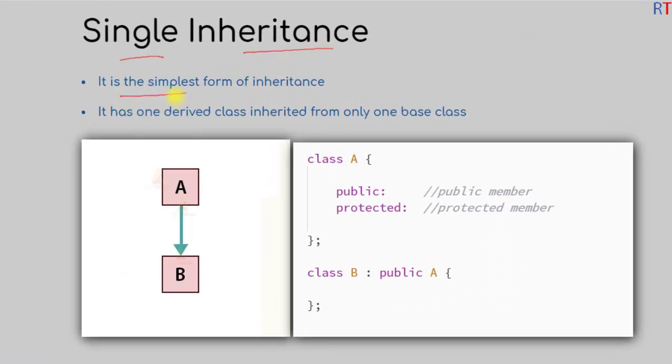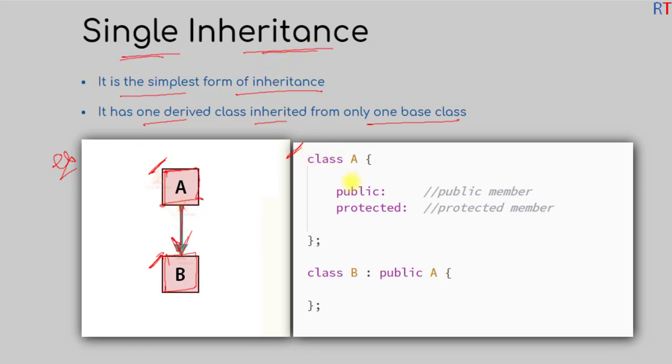It is the simplest form of inheritance and it involves one derived class inherited from only one base class. Like in the example here, the child class B is inheriting the property from the parent class A through the use of inheritance. Because this type of inheritance involves only one parent class and one child class, that's why it is called the single inheritance.